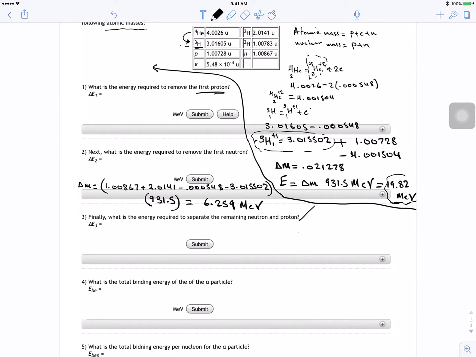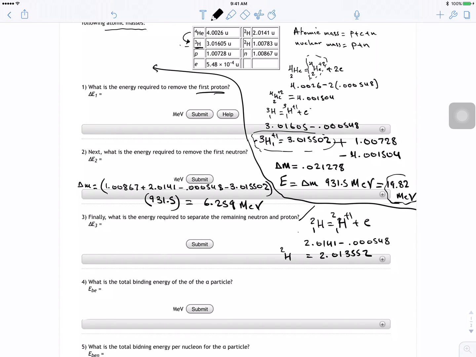Now for number 3: what's the energy required to separate the remaining neutron and proton? H 2, 1 plus, equals H 2 plus an electron, same thing I did before. So we do 2.0141 minus 0.000548, which gives 2.013552.